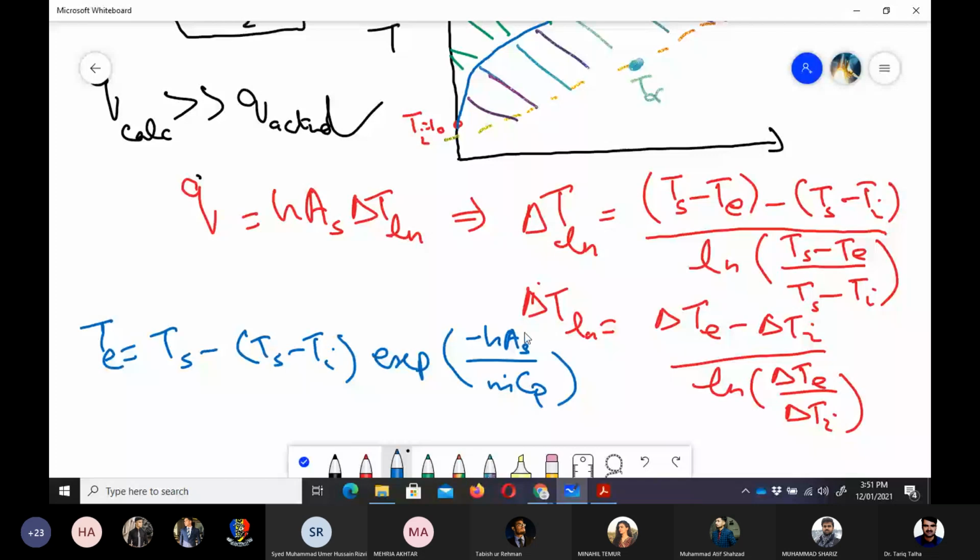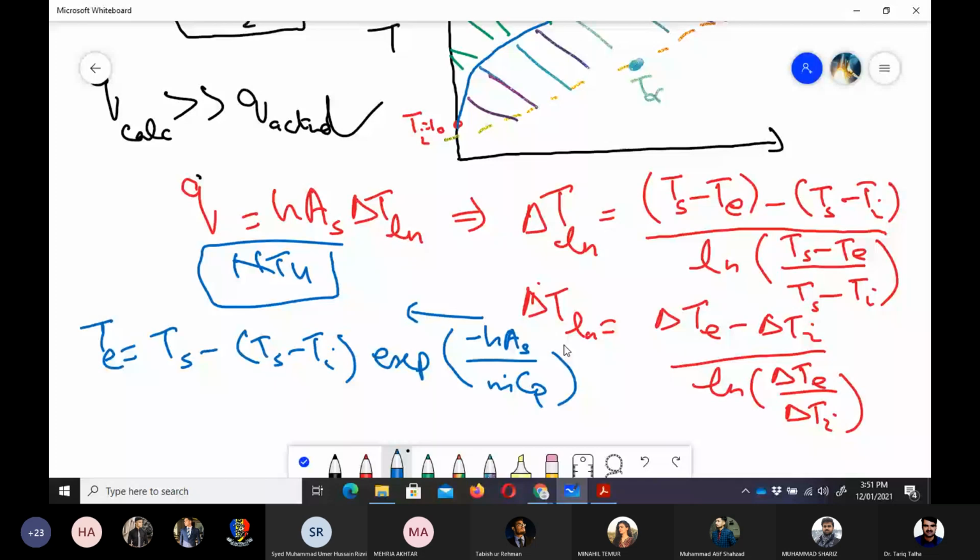This h A_s upon m dot Cp is called NTU, number of transfer units. We are going to discuss this in detail in internal forced convection, so don't worry about this. This formula would also be derived there. You just take it as it is at the moment.